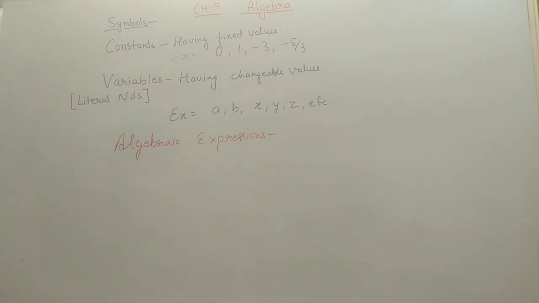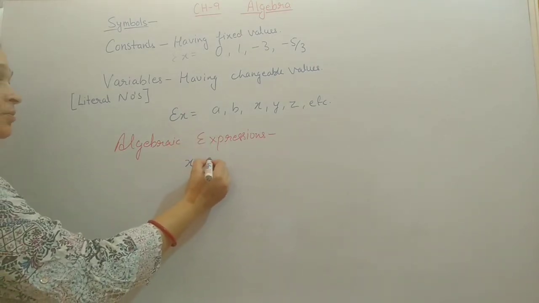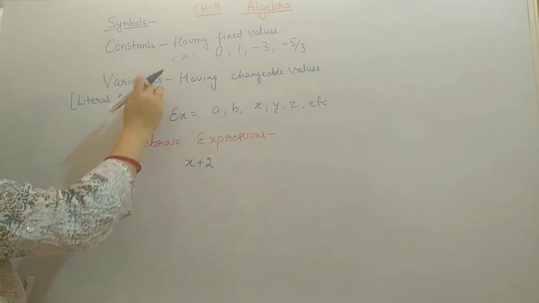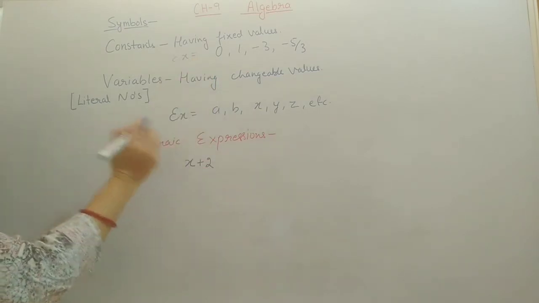Next we have algebraic expressions. So what are algebraic expressions? A combination of constants and variables with the help of one or more than one operations. For example, x plus 2 is an algebraic expression. We are combining a variable and a constant with the help of addition.